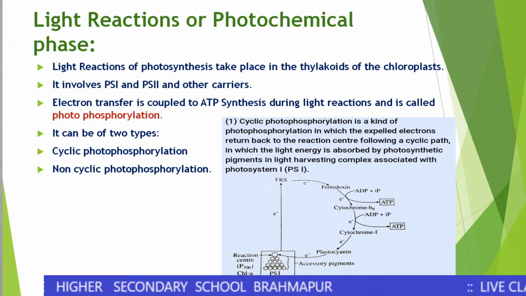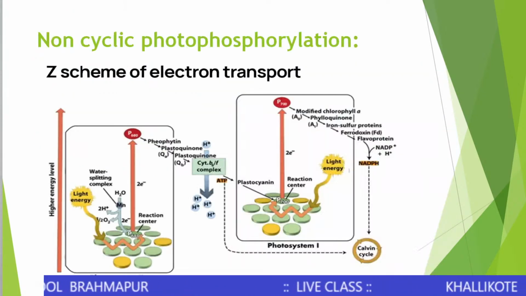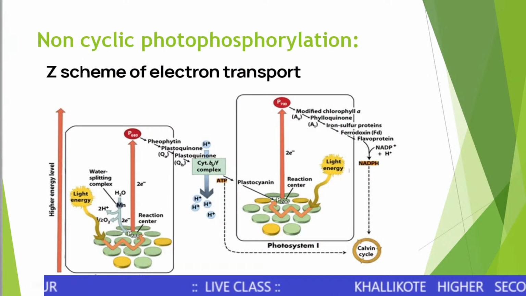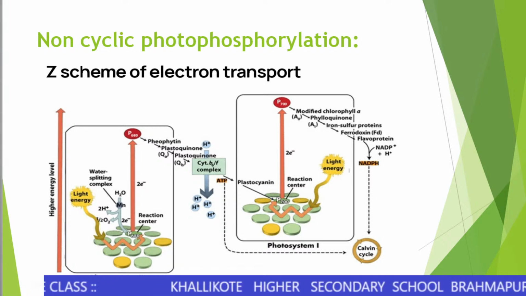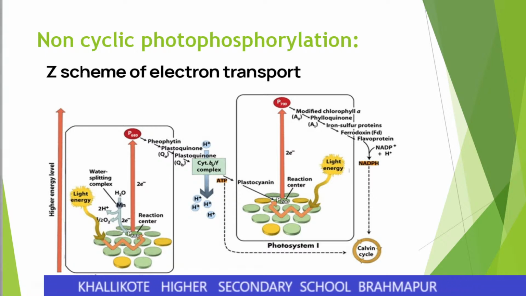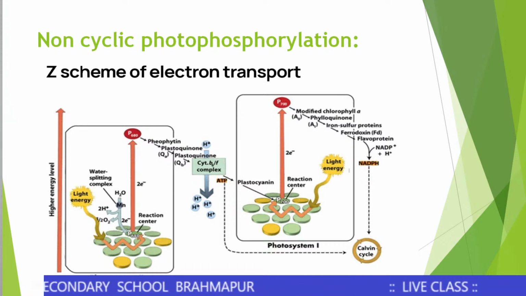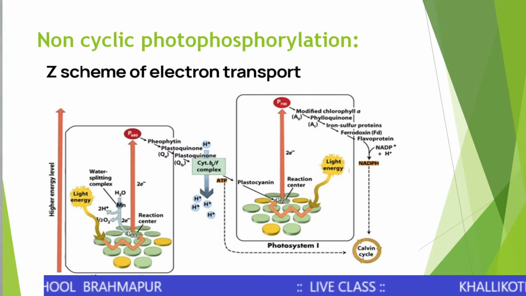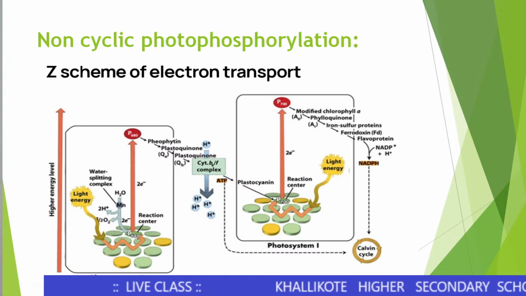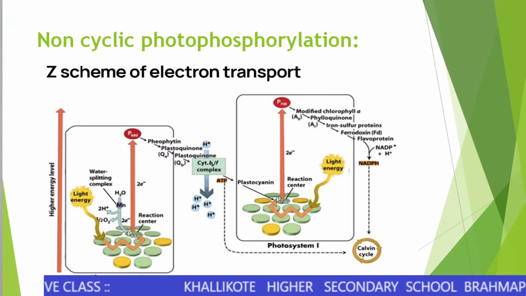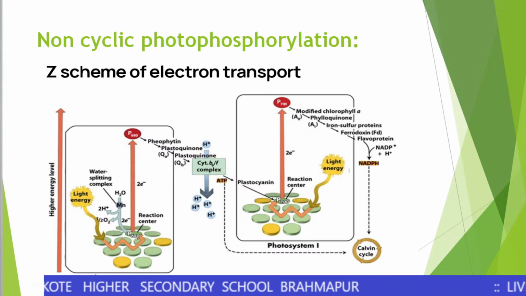The second path, or the major path, is the non-cyclic photophosphorylation path. The non-cyclic photophosphorylation path is also called the Z scheme of electron transport, as it resembles the letter Z. This path involves both photosystem 1 and photosystem 2.